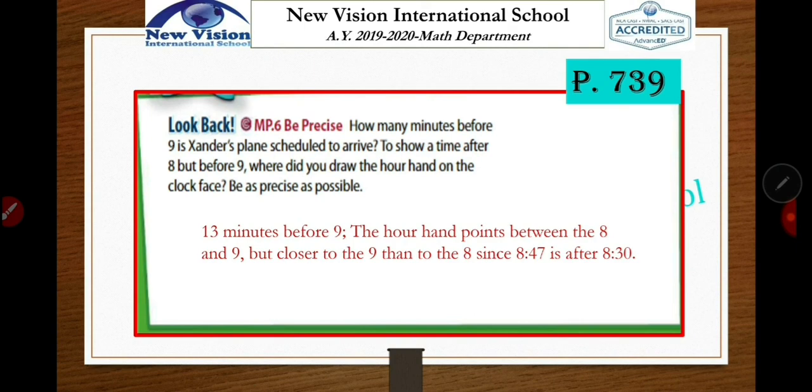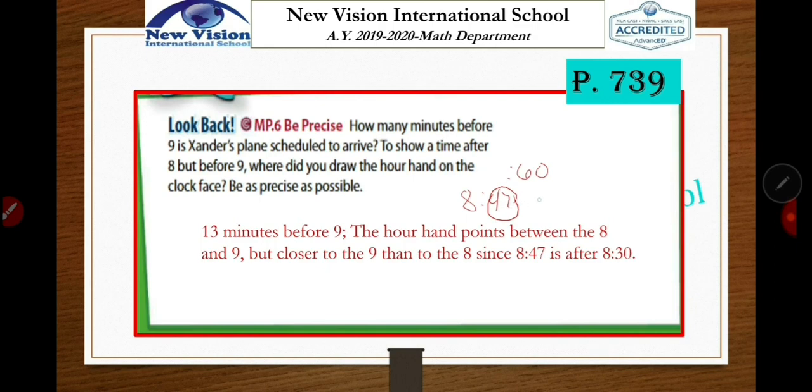Always remember that there are 60 minutes in one whole hour. Now, the time is at 8:47. Okay, now how many minutes, you have here the minutes 47. How many minutes do you need before you reach 60?